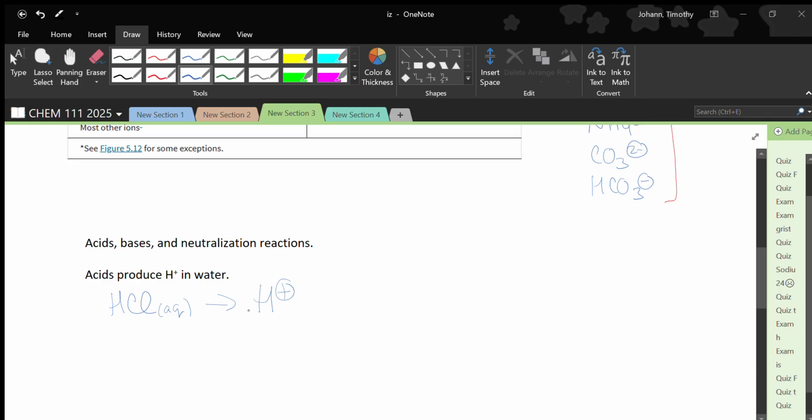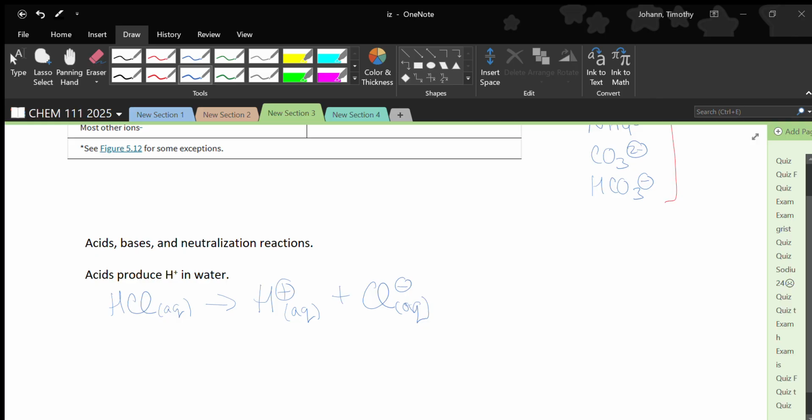And so this will dissociate in water, just like our salts do, to make H plus and Cl minus, or chloride ion. All right, so that's what we mean by it produces it in water. It's already in water over here, being aqueous.